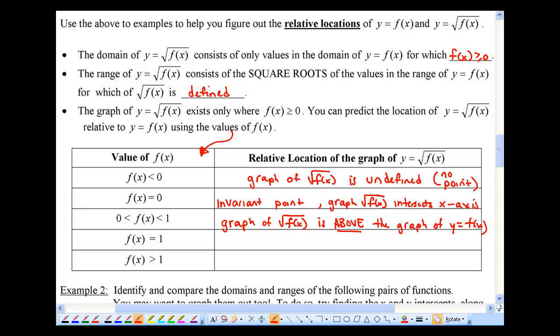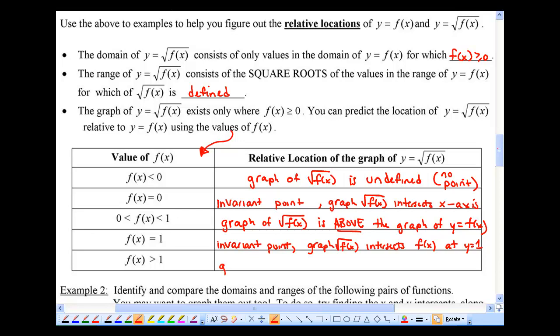When it's equal to 1, once again, an invariant point. Notice the graph then intersects at 1. And when it's greater than 1, you see that the square root of those values are always less.